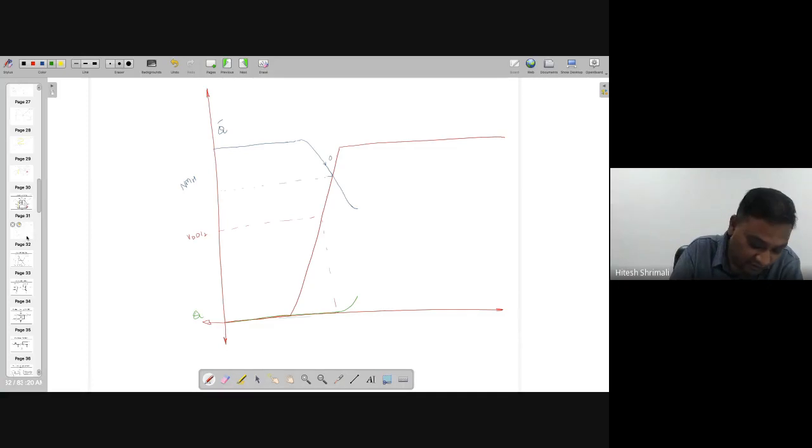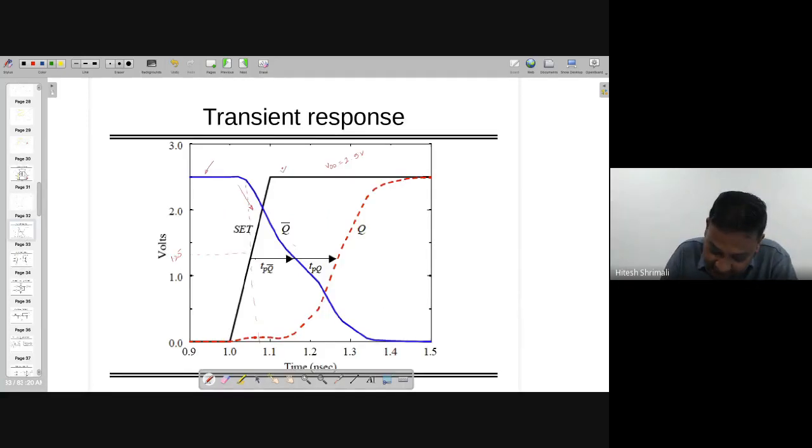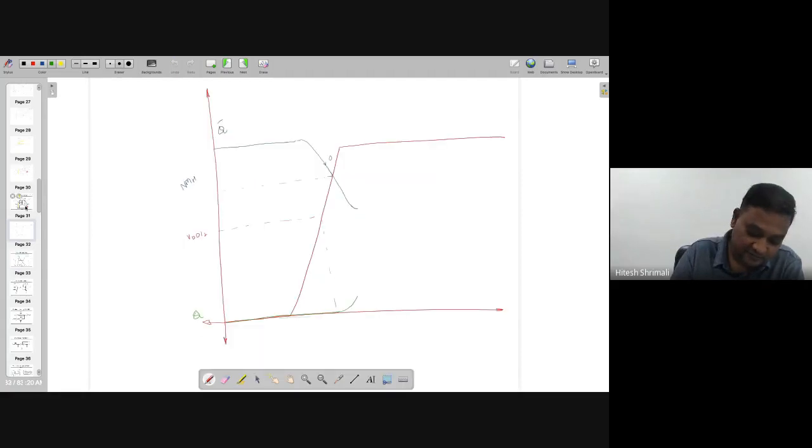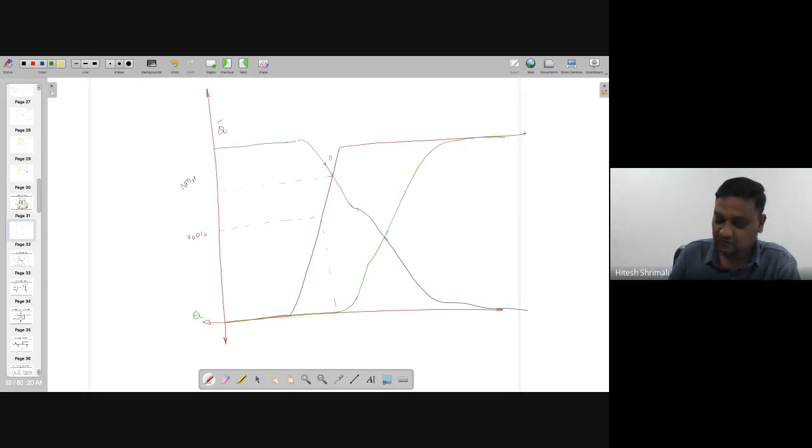So here you can see that there is some transition which is actually in the undefined state, and it starts going up a little bit. So they are going to start in different directions, and Q will go to 0 and this one will go to 1, right?